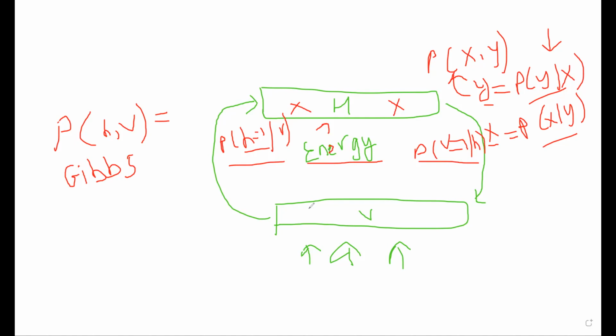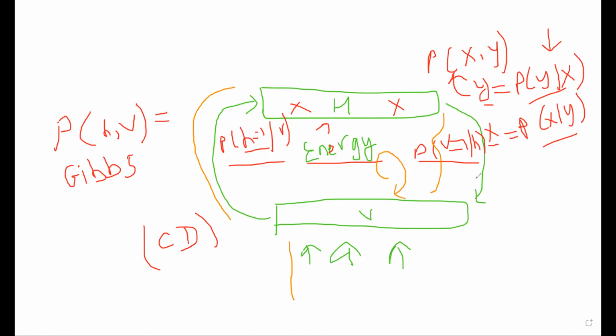The contrastive divergence algorithm of the Boltzmann machines requires us to make certain iterations of this. Once I input the data, I sample from this conditional, then I sample from this conditional, and I can repeat this process several times, or k times.